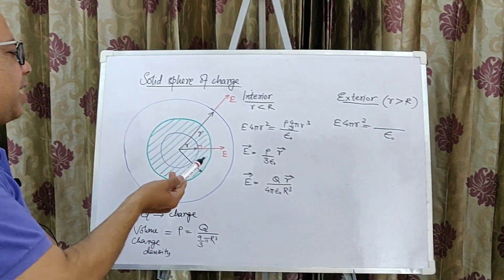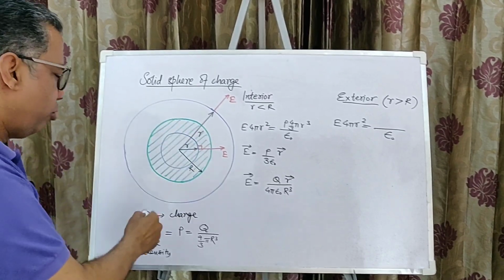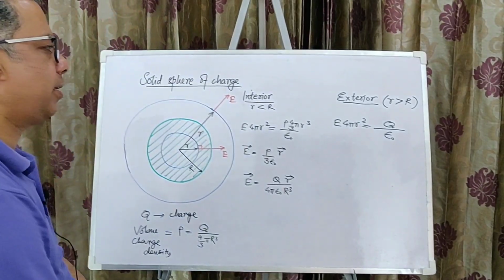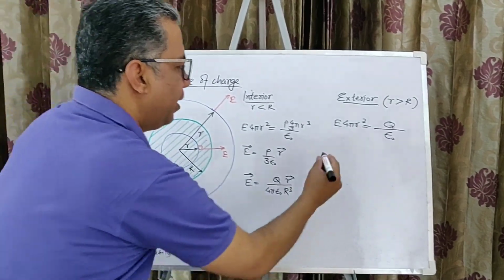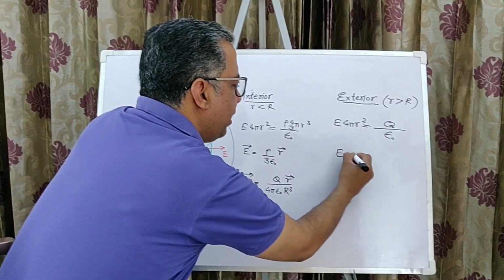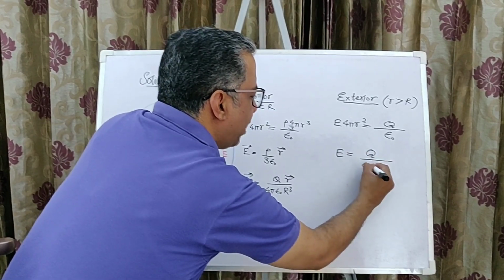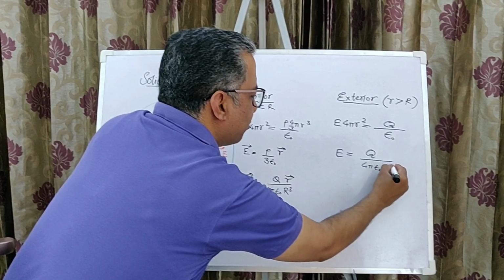But the interesting thing now is that the entire charge Q of the sphere is enclosed inside. Therefore, E equals Q by 4 pi epsilon naught r square.